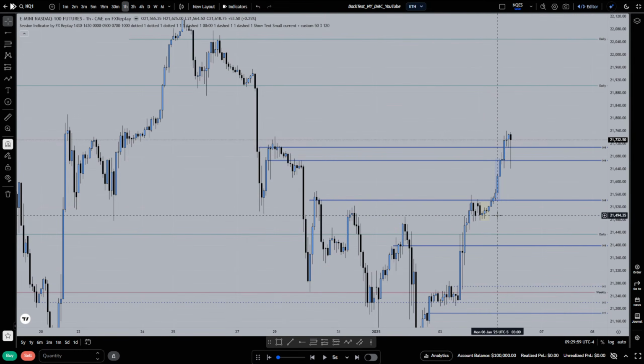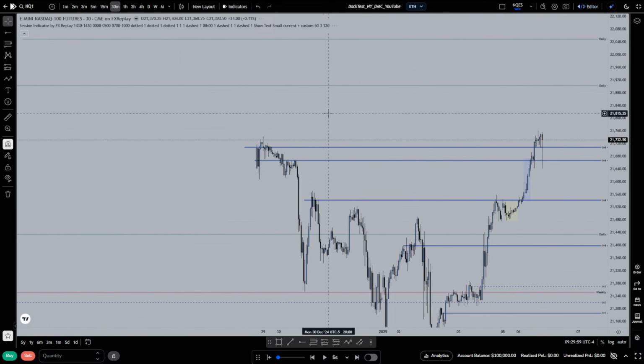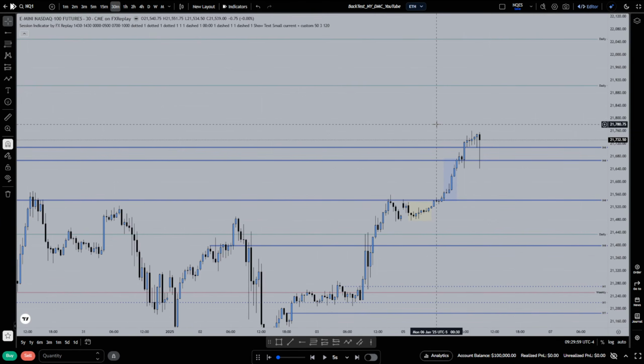This level has been tested, so this is the level that could test. This level also has been tested. This level has been tested and has been broken above. So the 1 hour. This is a 30 minutes, so in the 30 minutes. Now if we go test this guy and start going higher, then we could probably take a trade like this.